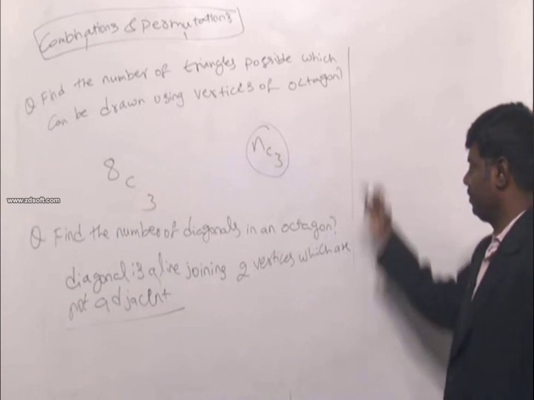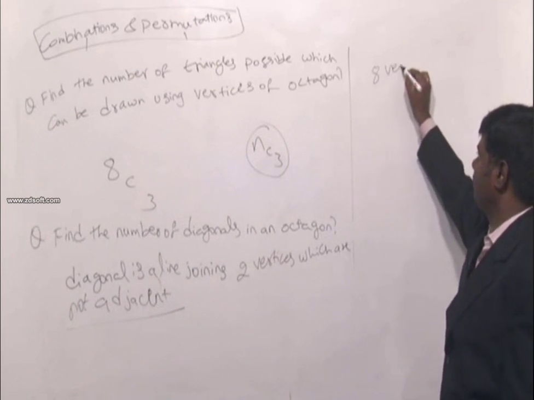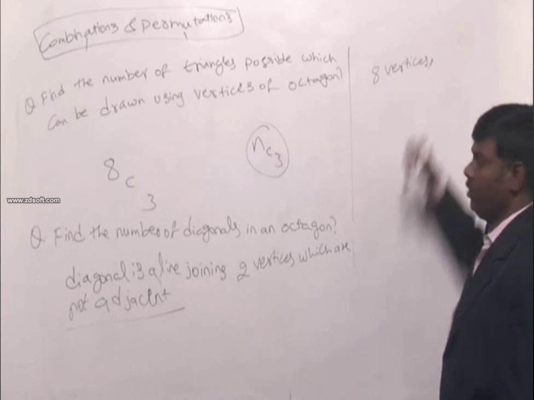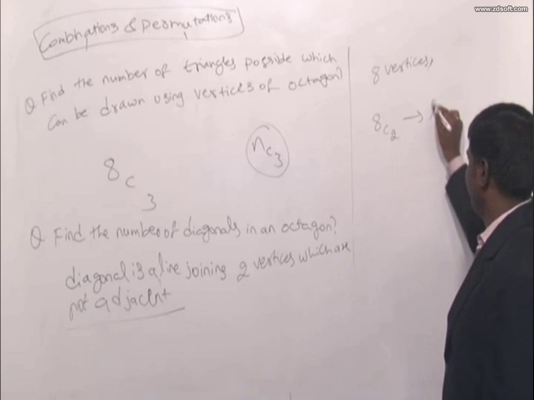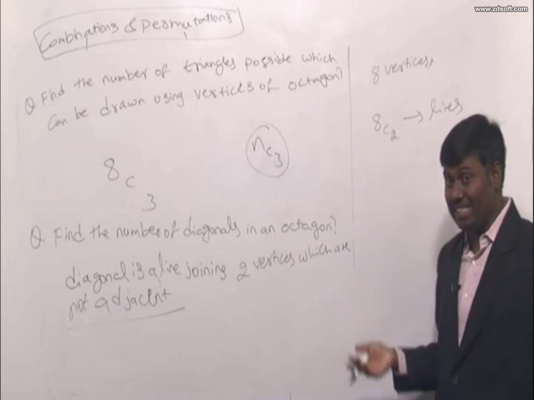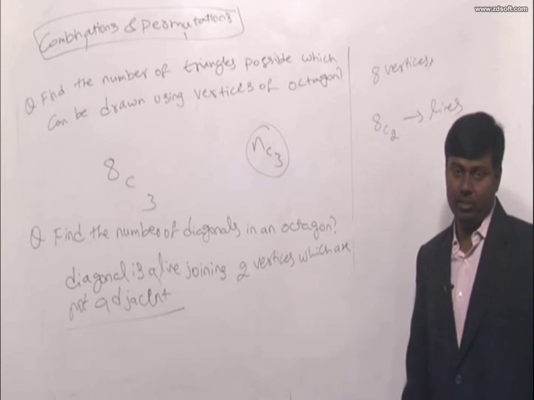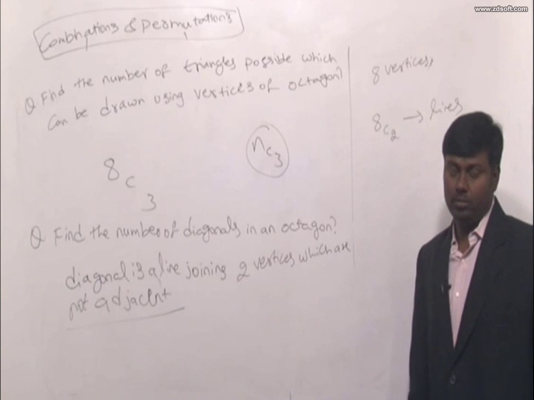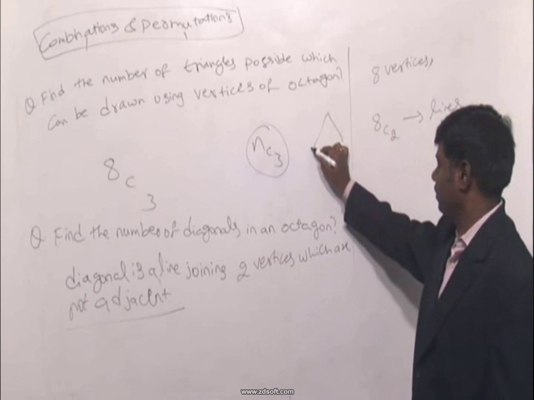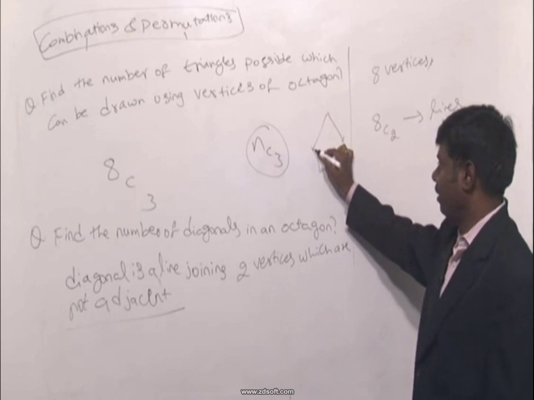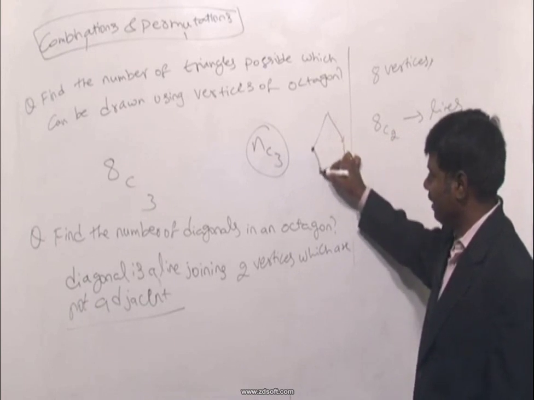By the way, in an octagon there are 8 vertices. You choose any 2 vertices, what are you going to get? You get number of lines. Are all lines diagonals? No, that's what the diagonal definition says. Now what happens if you join two vertices which are adjacent? You get a side.